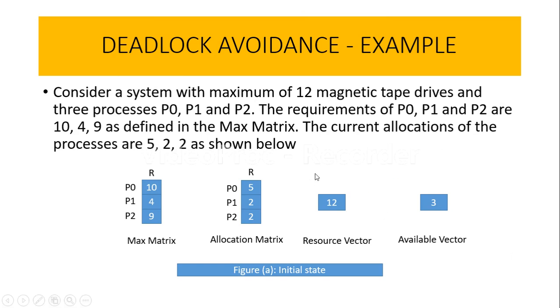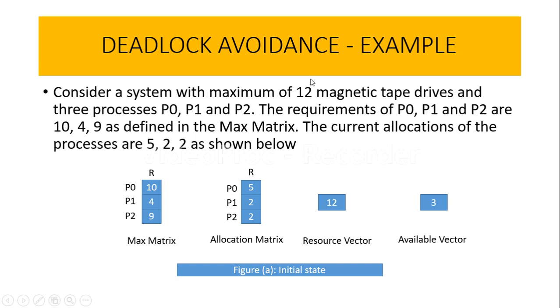Here I have taken a particular system with 12 magnetic tape drives and three processes, P0, P1 and P2. The maximum requirements of these three processes are 10, 4 and 9. That means they need this many resources for their execution.